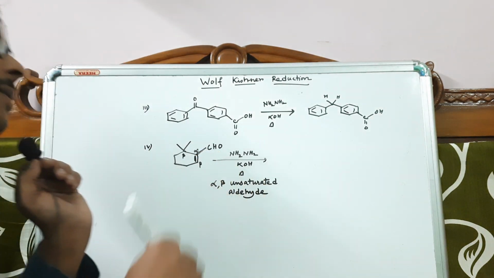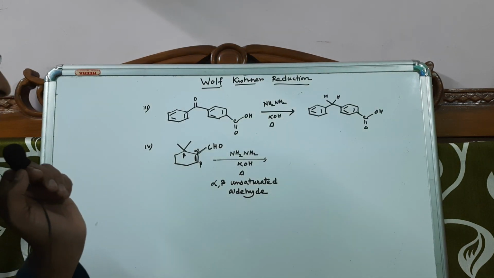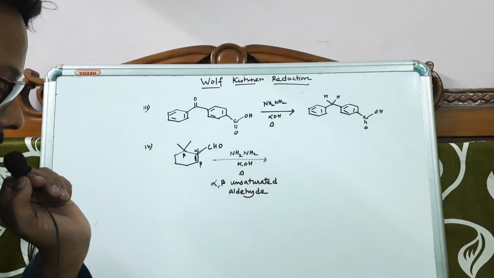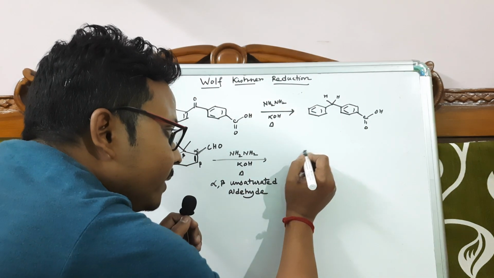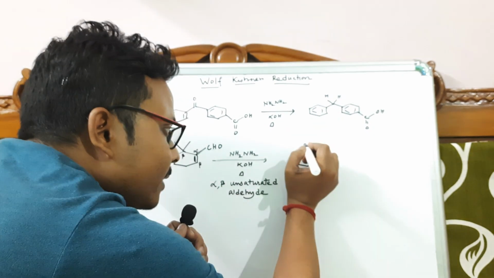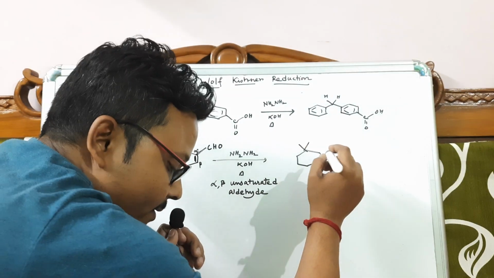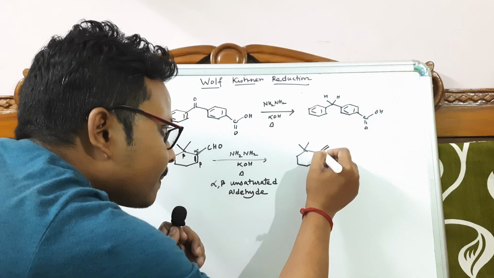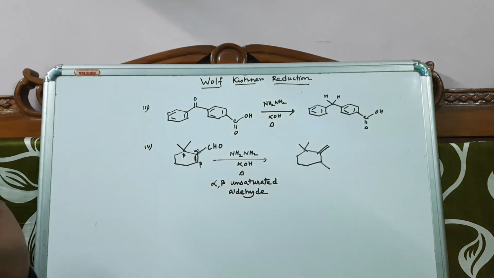If an alpha beta unsaturated aldehyde undergoes Wolf Kishner reduction, the product is a little bit different. You should only remember this, otherwise the rest of the examples are very common. It becomes this.